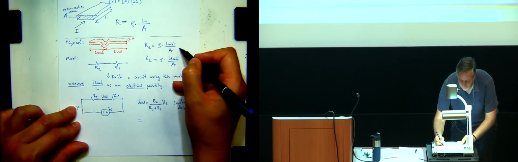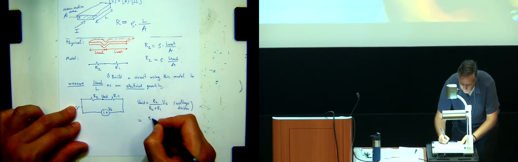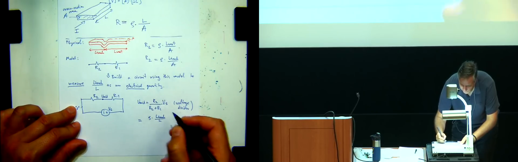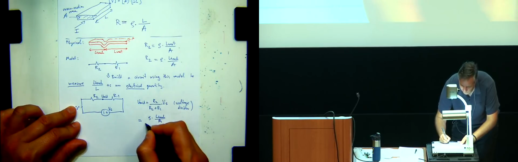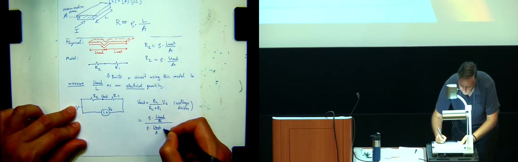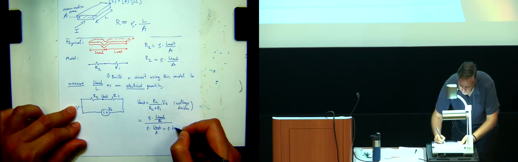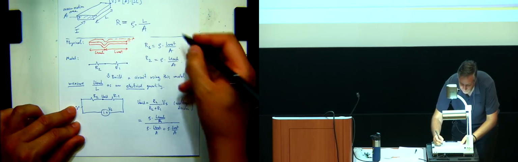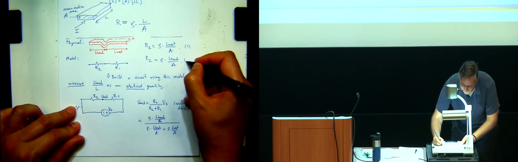I'm just going to replace these values, right? Rho times L touch over A over rho times L touch over A plus rho times L rest over A. I'm just replacing basically these equations, 1 and 2.